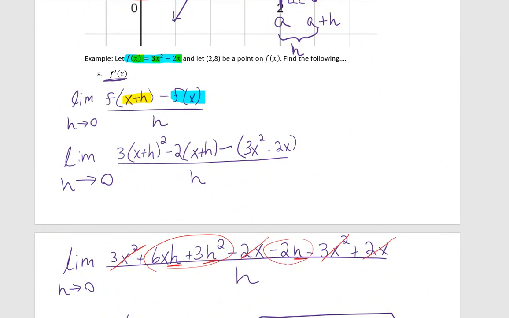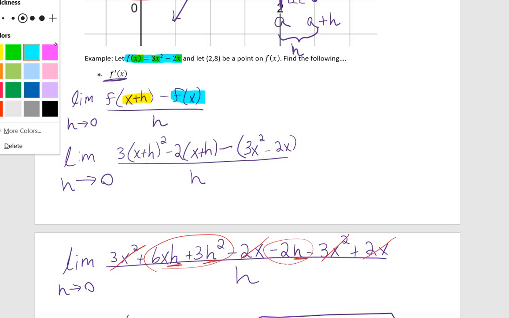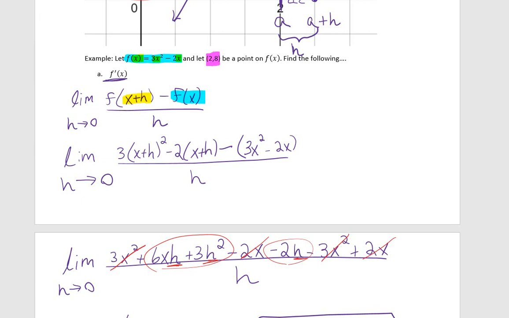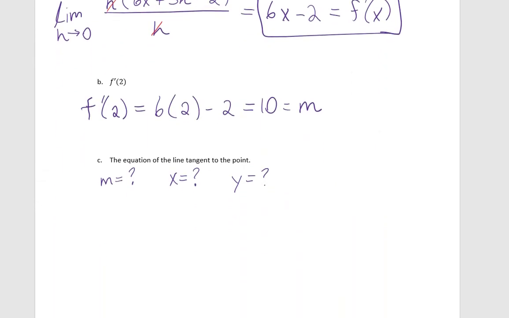First, notice that at the very beginning of the problem, they gave us that we're looking at the point (2, 8). So that tells me my x value is 2 and my y value is 8.